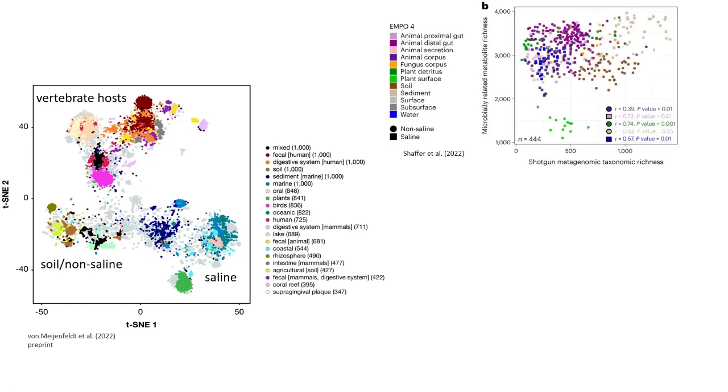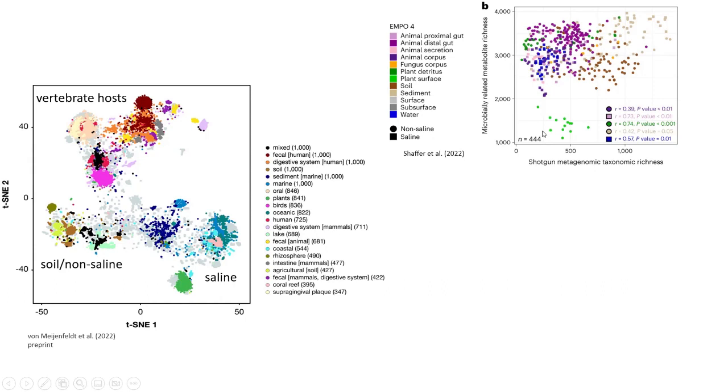And there's a recent paper where they did the same exercise, clustering, but now with metabolites instead. So you're going directly to the molecules. This is a very simple plot. It's just the richness: the number of taxa in one environment, and the number of microbial-related metabolites in an environment.